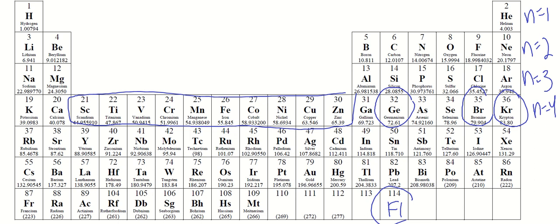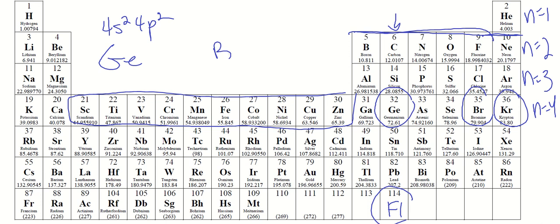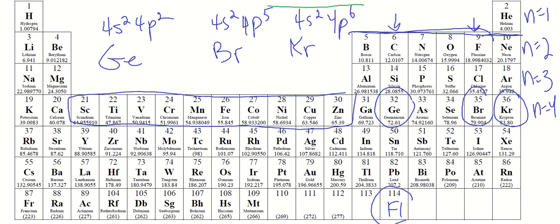The valence electrons for germanium end 4s2 and then 4p2, because it's the second element in the p block. Bromine is 4s2 4p5, the fifth element in that p block, and then krypton has all its orbitals full, 4s2 4p6. What I'm saying is, maybe I didn't have to do all this.